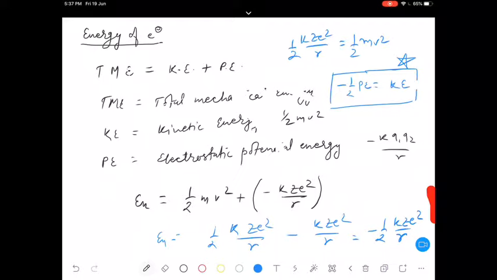At infinity we are getting this value to be 0. If I put r equals infinity, then energy of electron will be 0, which means there will be no influence of nucleus on that particular electron. Means there will be no force of attraction or repulsion between nucleus and that electron. That means energy of that electron because of nucleus will be 0.